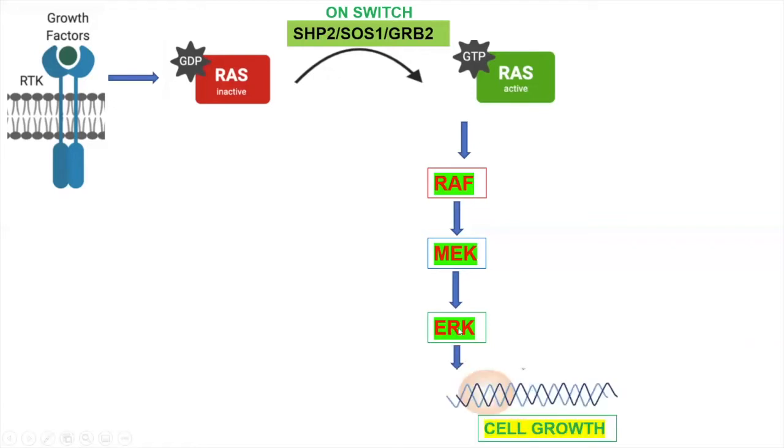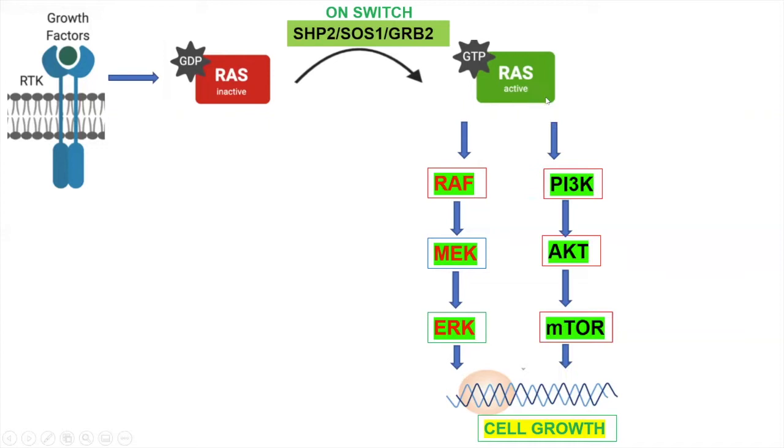And the ERK gene then finally goes into the center of the cell that we call the nucleus and causes the cell to grow. Now, the active form of the RAS, or the green form of the RAS gene, can also activate other signaling pathways, such as the PI3K, also referred to as the PI3 kinase, AKT, mTOR gene-directed pathway. And also there are some other survival pathways that scientists are learning about in the field.